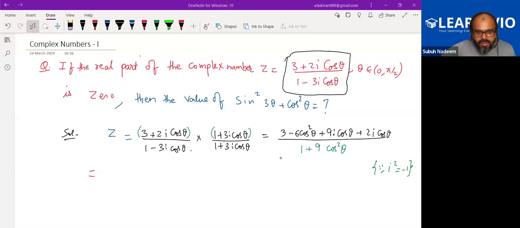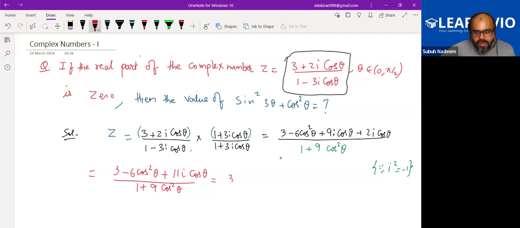So 3 minus 6 cos square theta, after you have written this, plus 9i cos theta plus 2i cos theta is 11i cos theta, by 1 plus 9 cos square theta.